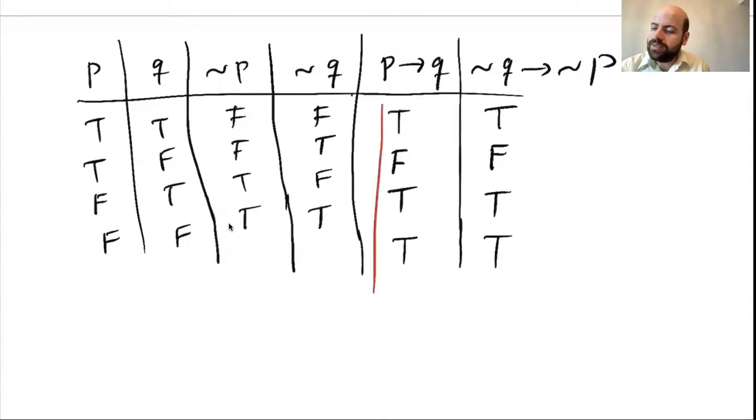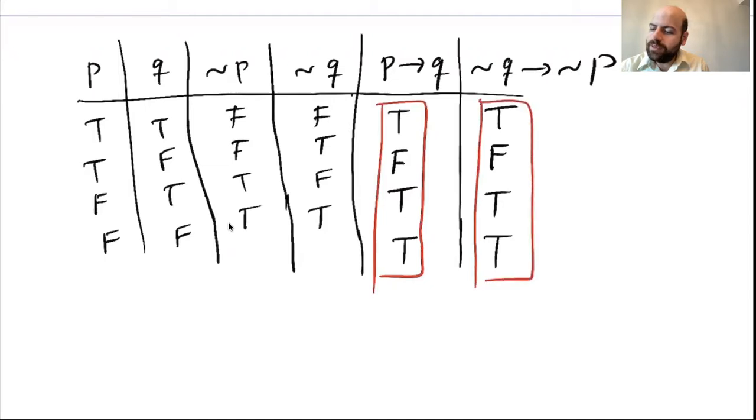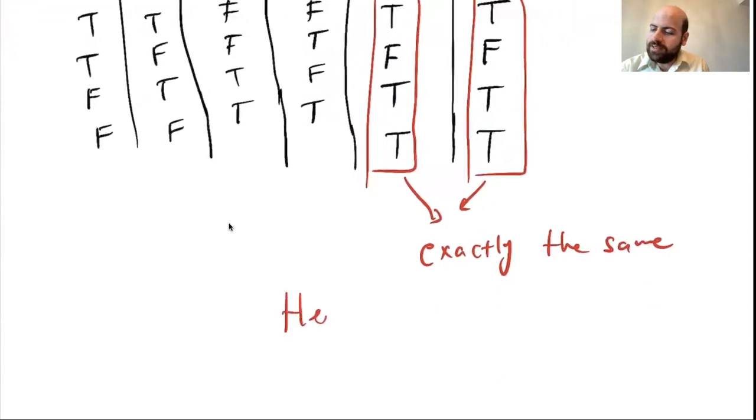This column here and this column here are exactly the same columns. So this means that we can say that P implies Q is logically equivalent with the contrapositive, negation Q implies negation P.